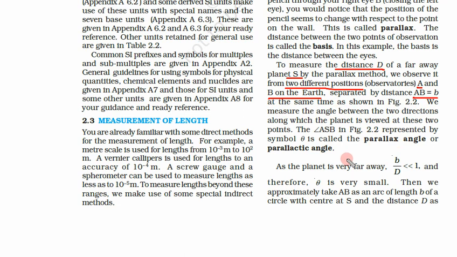We have seen the figure. Now we measure the angle between the two directions along which the planet is viewed from the two points. So we are measuring this angle theta in triangle ASB, represented by the symbol theta in the figure. This angle theta is called the parallax angle, or parallactic angle, because we are measuring galactic distances.